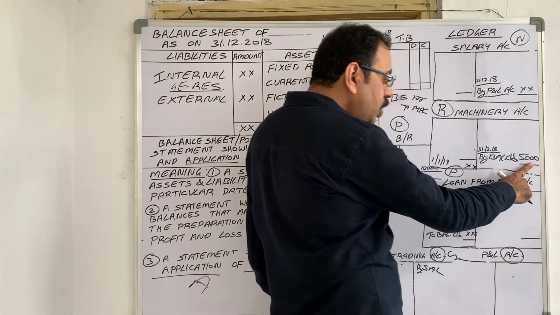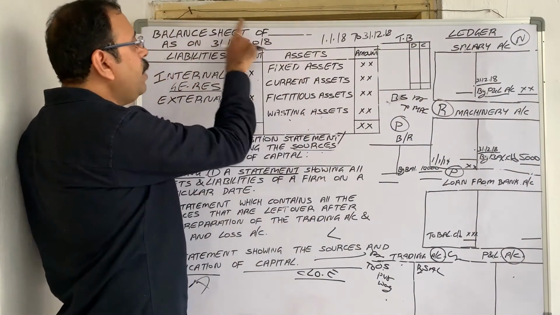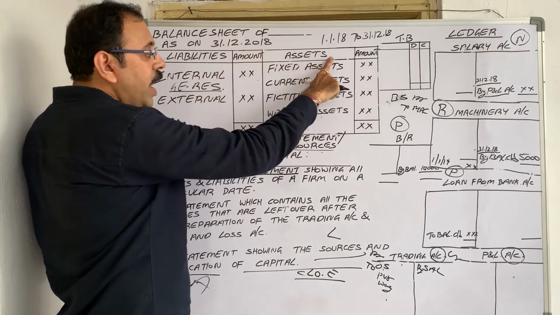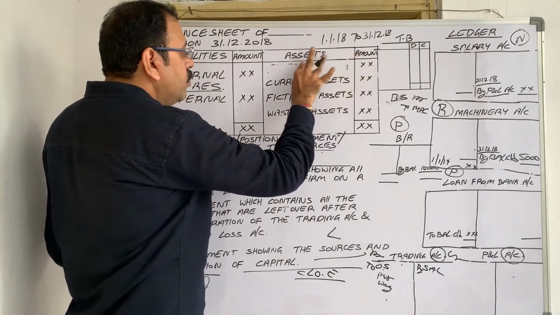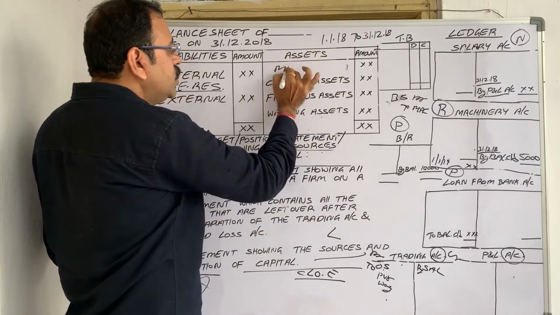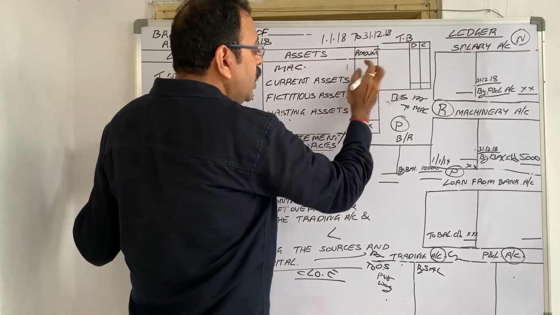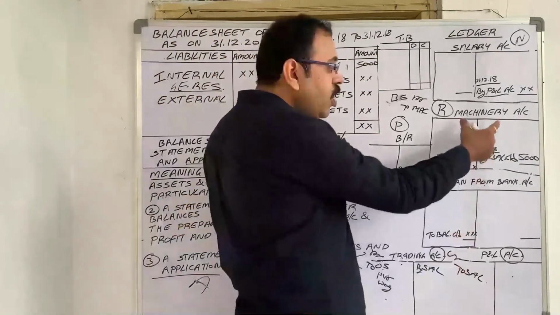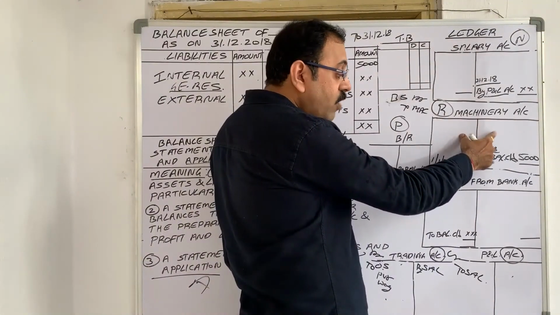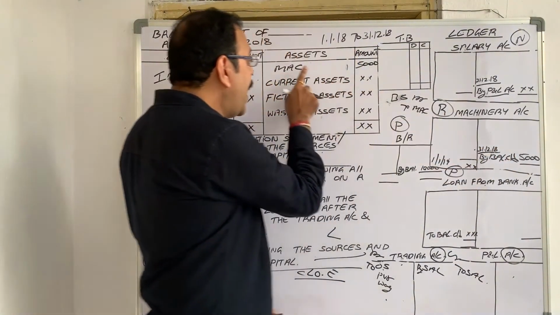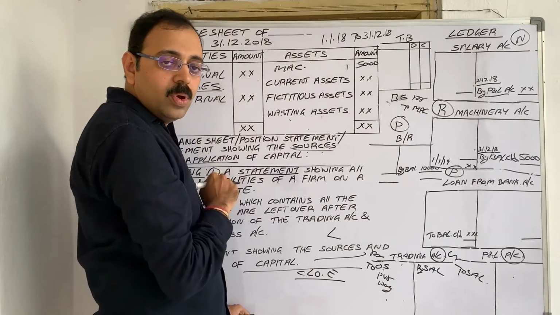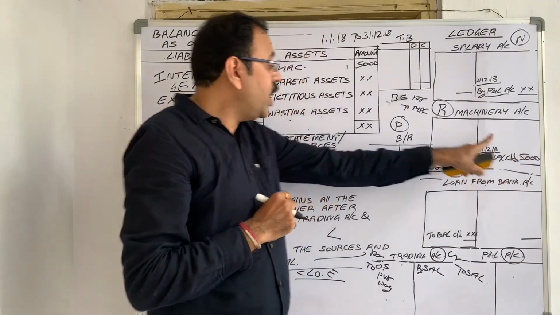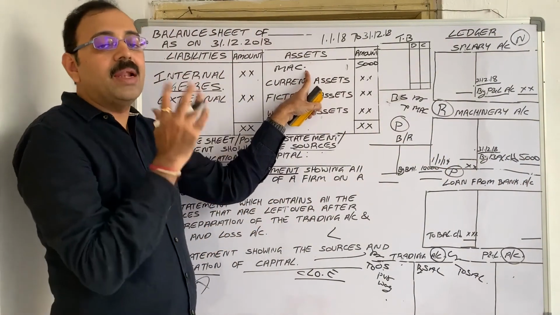Now this 5,000 rupees, when you prepare the balance sheet on 31st December 18, on the asset side we have to show machinery amount as 5,000 rupees. In case of machinery, are we posting any entry in the balance sheet? No. Only that balance carried down figure we are listing in the balance sheet.